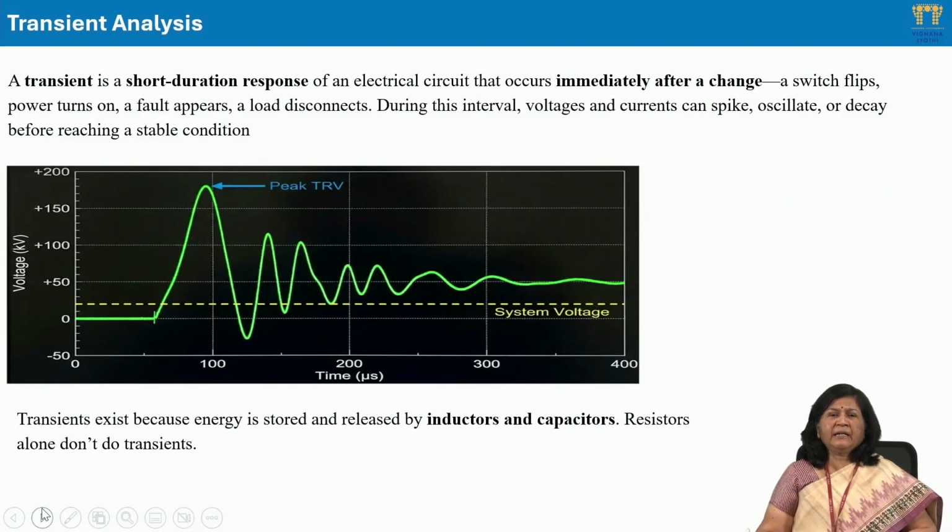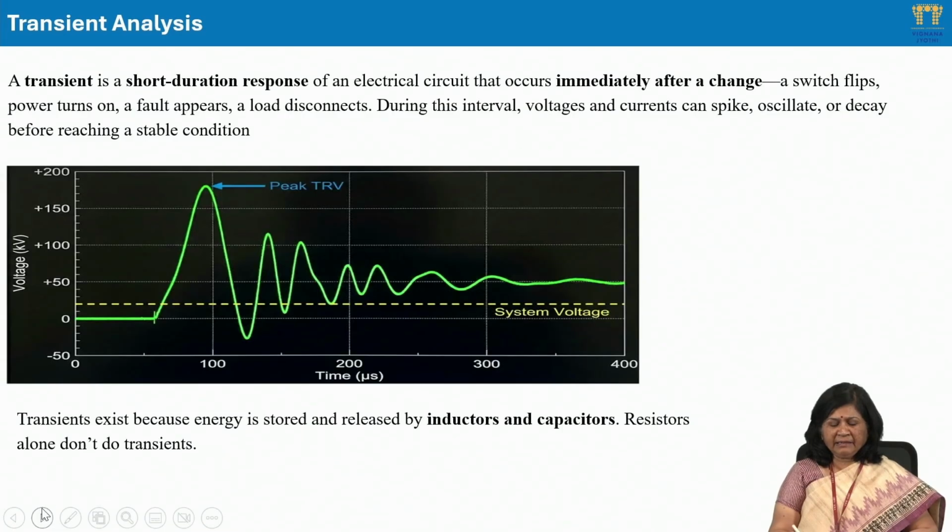This transient period is of very short duration and it gives spikes in voltages and currents. Voltages and currents oscillate for some time, and this oscillation decays out after some period of time, and then the response reaches stable conditions.